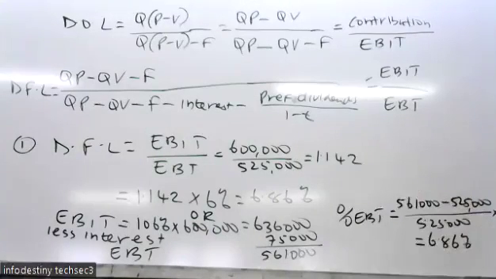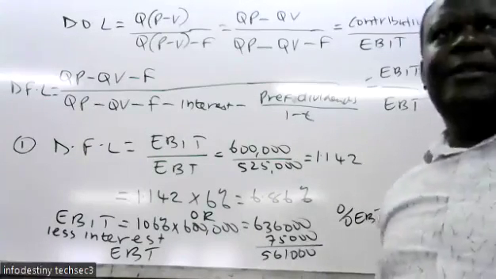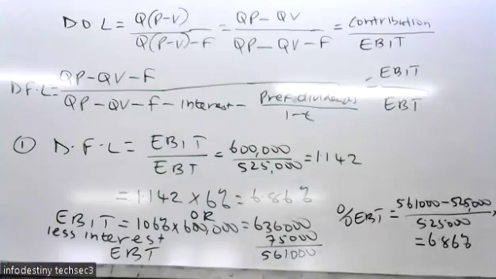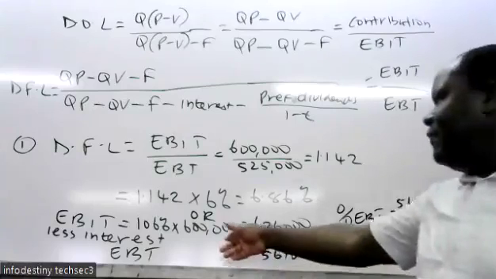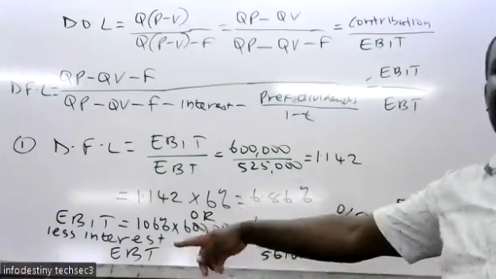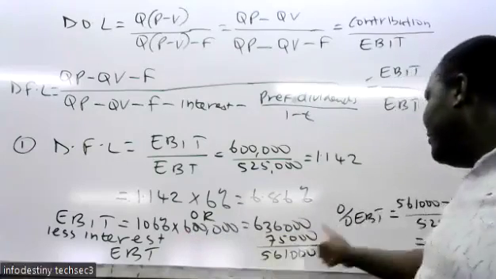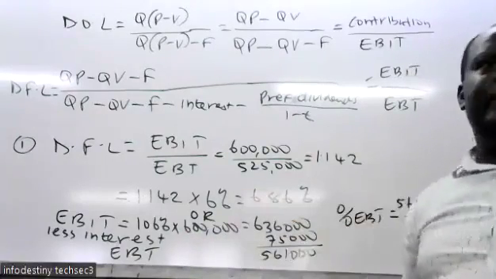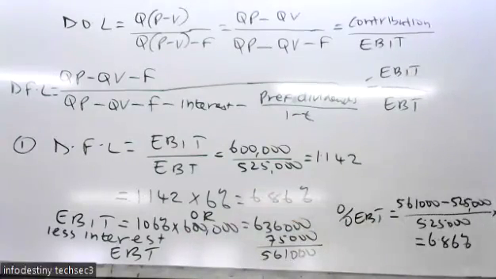Then get it as a percentage. It will tell you that when you increase earnings before interest and tax by 6%, earnings before tax will go up by 6.86%. That is now the explanation.